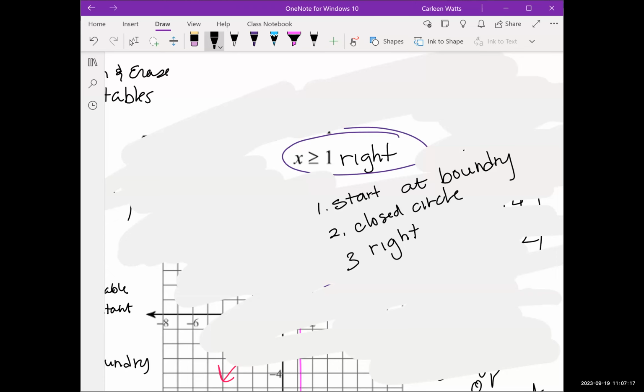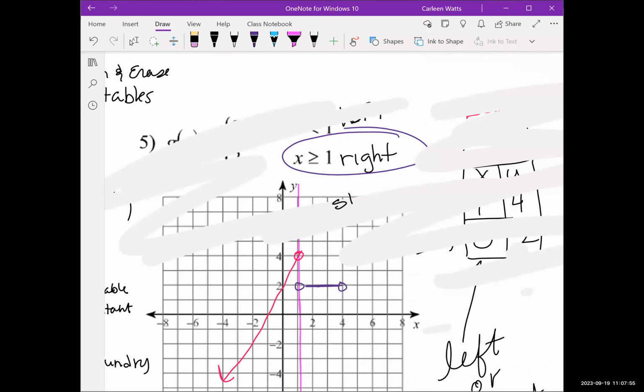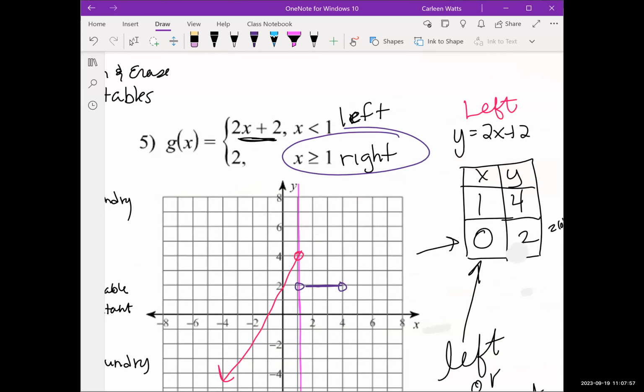Does anyone have any questions about 1, 2, or 3? Okay, don't see any questions. Okay.